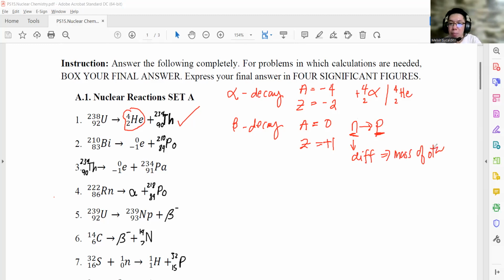Yung mass po ng electron tsaka ng antineutrino, they don't account for all of the mass. Ibig sabihin, may ine-expect pa tayo na other particle na pwede ring mabuo. Kung wala naman pong na-eject na energy, dapat may isa pa pong particle to account for the difference.